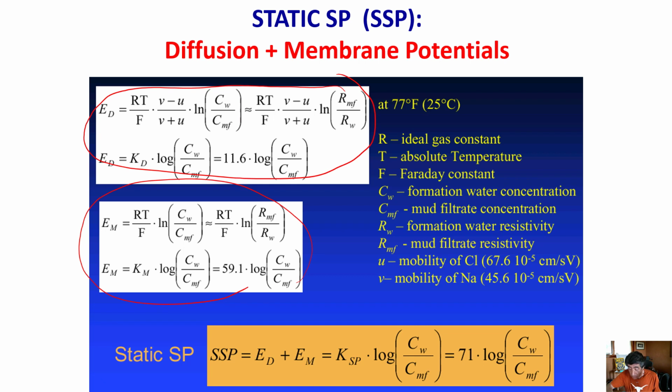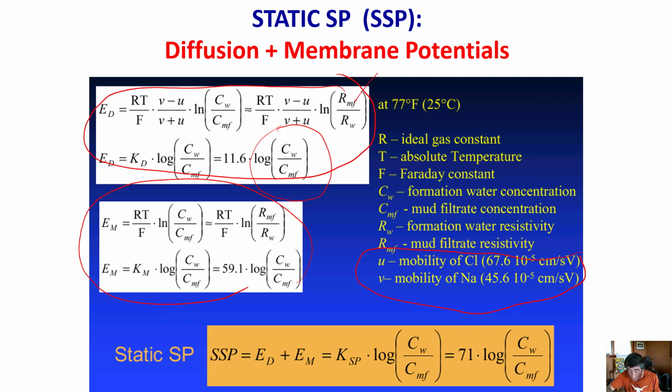The diffusion potential includes the differences in mobility between sodium and chlorine. You can see that the mobility of chlorine is higher than the mobility of sodium, and that's what comes into effect here. The logarithm of the ratio between the electrolyte concentration in the formation water with respect to the electrolyte concentration of mud filtrate is a way to express the concentration gradient.